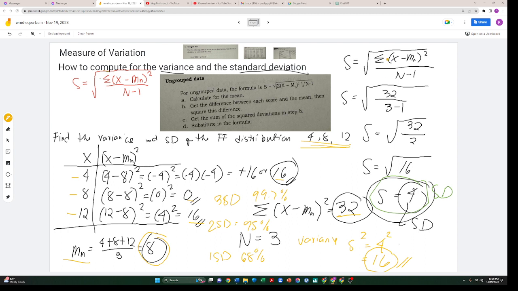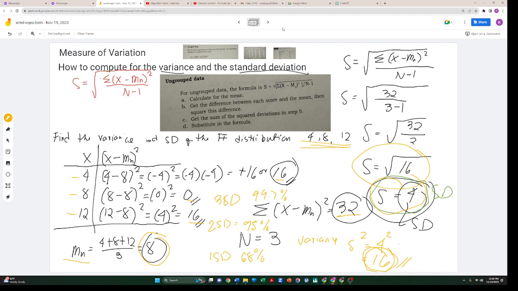Then substitute in the formula. If you want to find the standard deviation, that is 4. If you want the variance, that is 16. Okay? That is how to solve it.